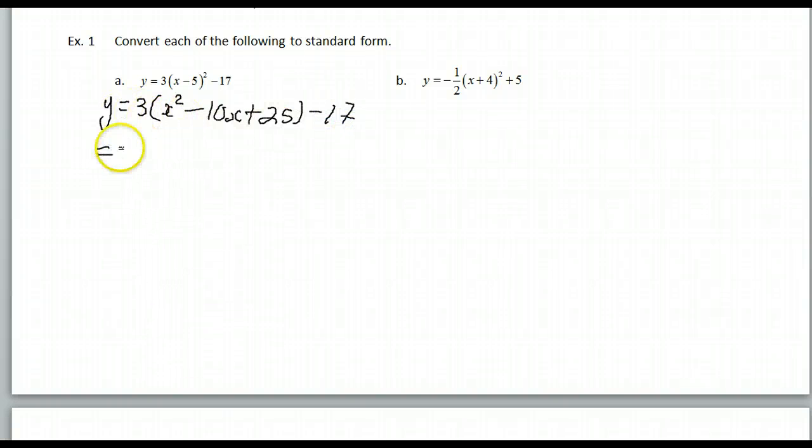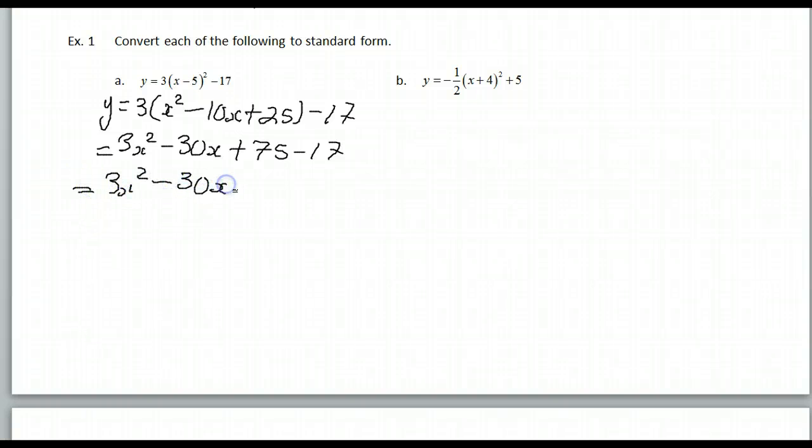Distribute the 3 through the brackets. 3x squared minus 30x plus 75, and still the minus 17. 3x squared minus 30x plus 58.